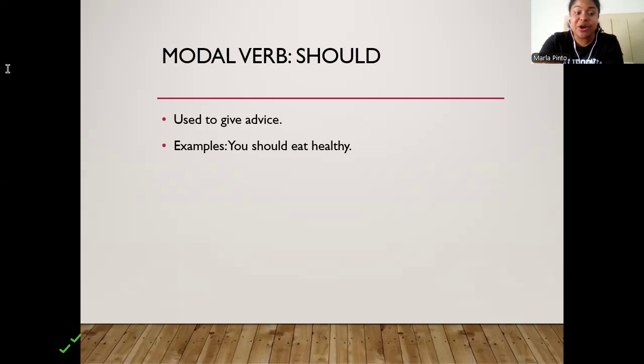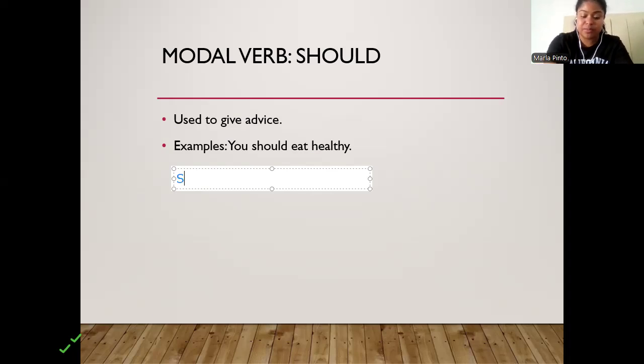No, here is an advice, and you are giving an opinion that no one asked you for in this context. Let's see in a polite way how to use it. For example, "You should eat healthy" is just an advice.